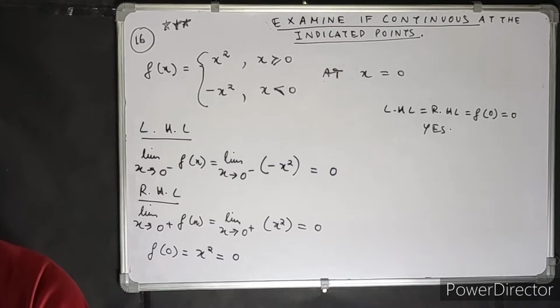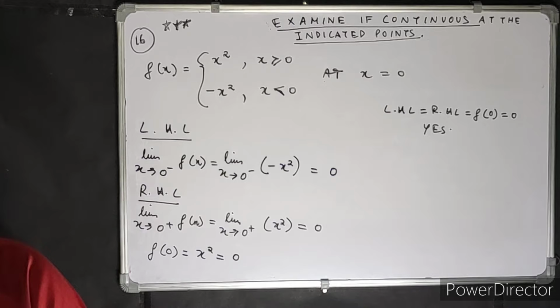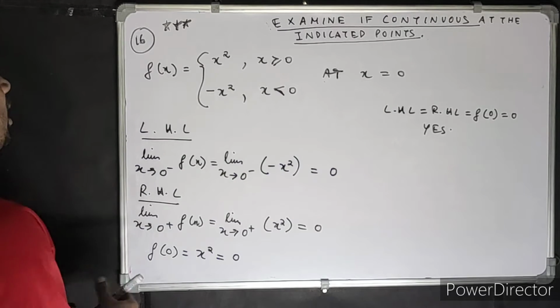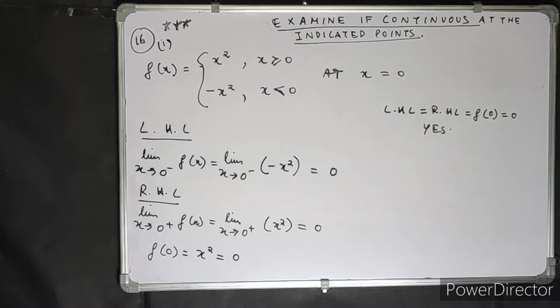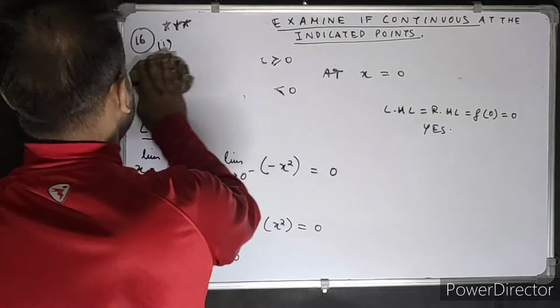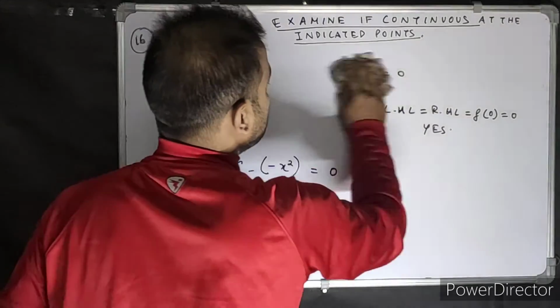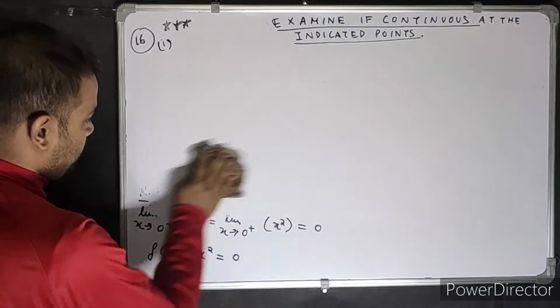Okay, that's part 1. Let me check the answer of part 1. 16 part 1. Continuous. Okay, this is 16 part 1. Important question. Let's go on to 16 part 2. Okay, that's also important.